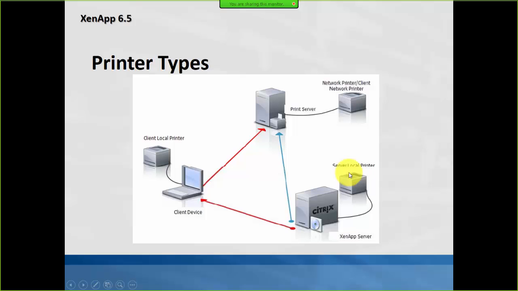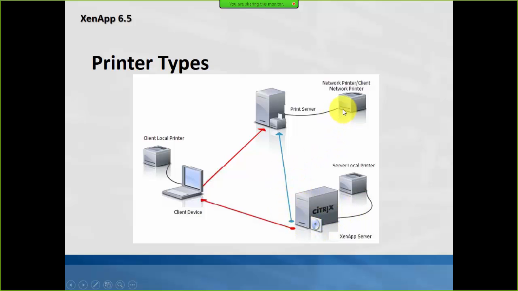So there are these terminologies that we need to know. Print server, I tried to show one. Then there's a server local printer as well, which is attached to the server, and that printer is attached to the network as well.